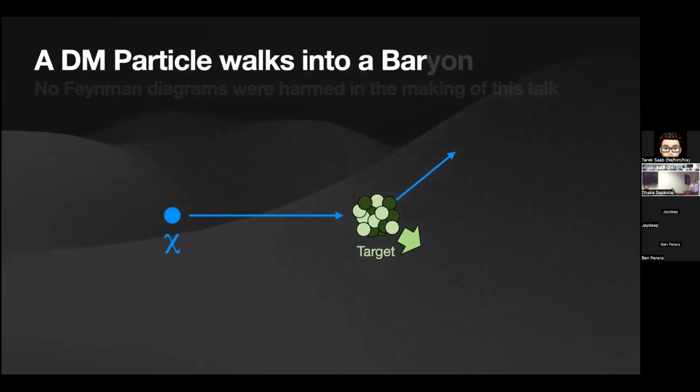That's indirect search. What I'm involved in is the other category, which is direct searches, namely if dark matter is your honest-to-goodness regular particle, and there is a chance that it will interact with baryons, with protons or atoms, then we're looking for this type of interaction, a simple elastic scatter.